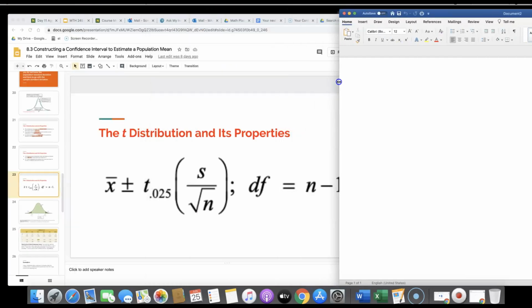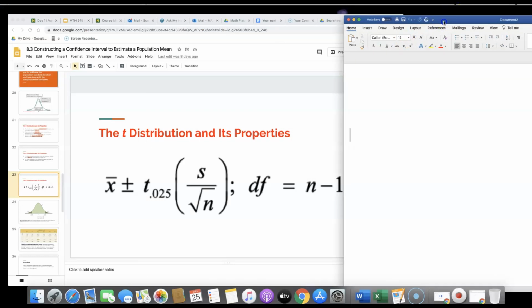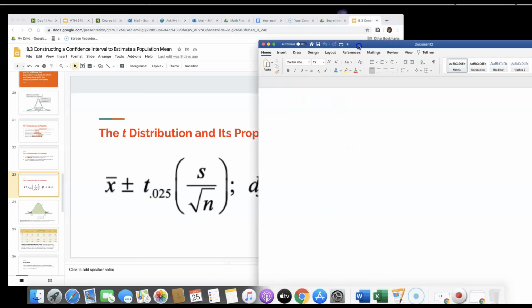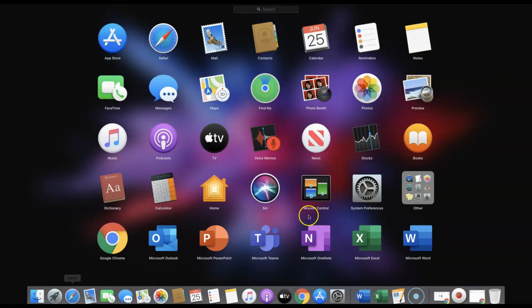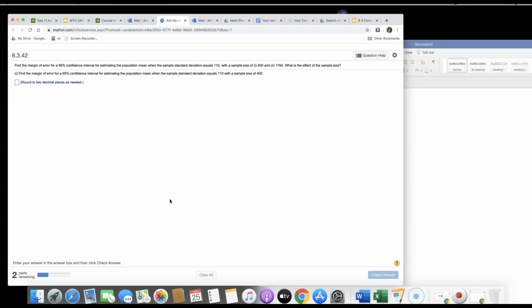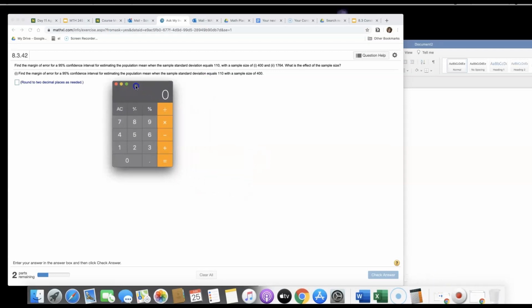Now, first of all, let me explain to you why they are saying t and then this 0.025 over here. Now, what you want over here is a 95% confidence interval, right? So take a look. If you want 95% confidence interval, you want 95 in the middle, right? If you want 95 in the middle, how much is to the left and right of it? 100 minus 95 is 5, right? Now, listen.